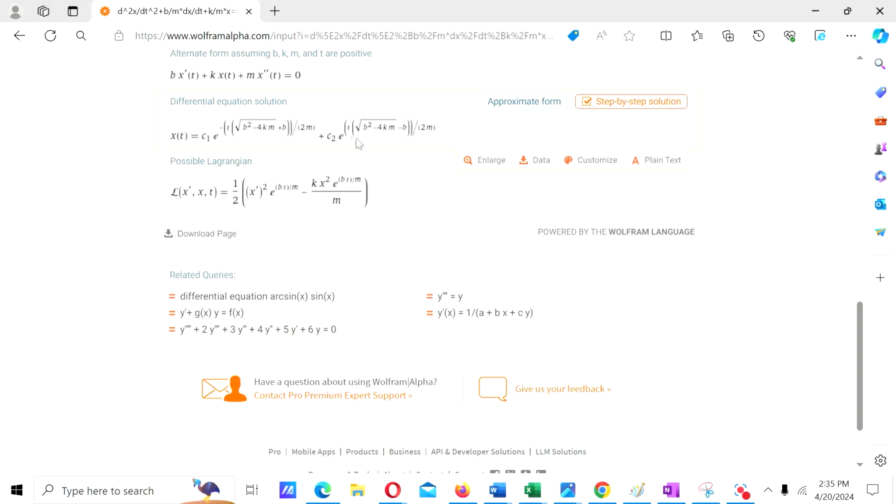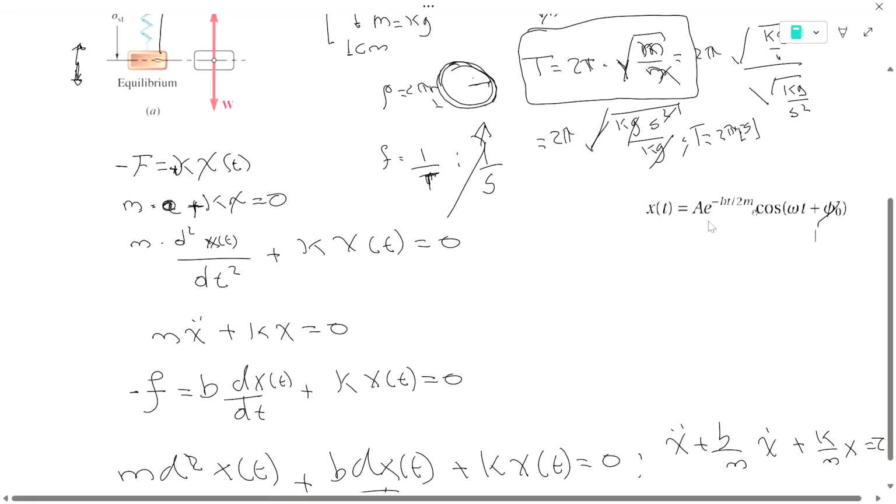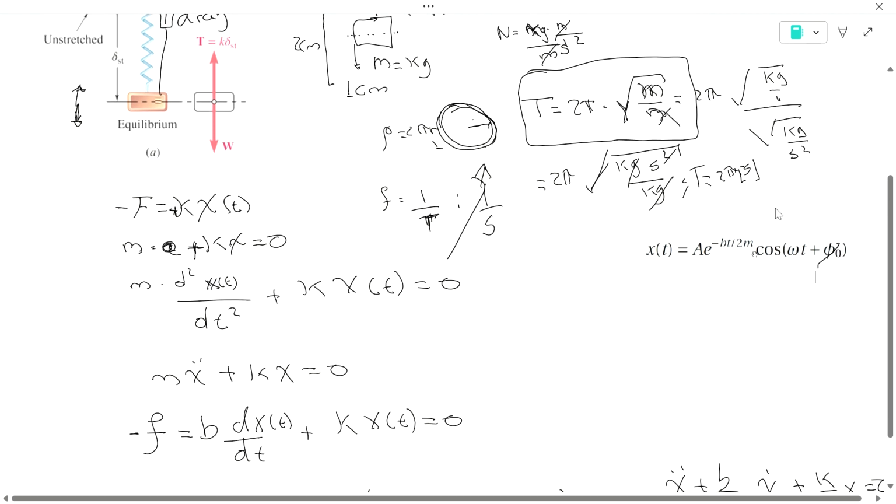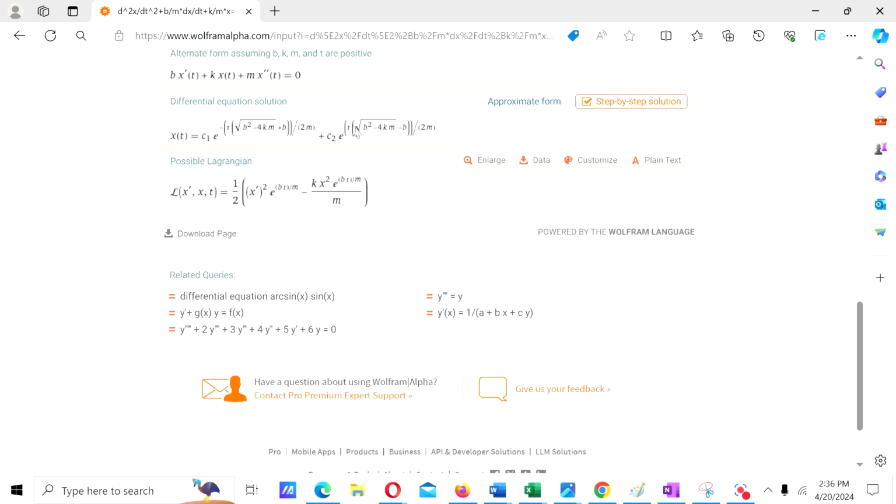So these two things are equivalent. It's just that this is in terms of C1 and C2, whereas this one is exponential and cosine. So you'll have to check what solution is going to work for you, but if you follow mathematically, this and this will get to the same place.